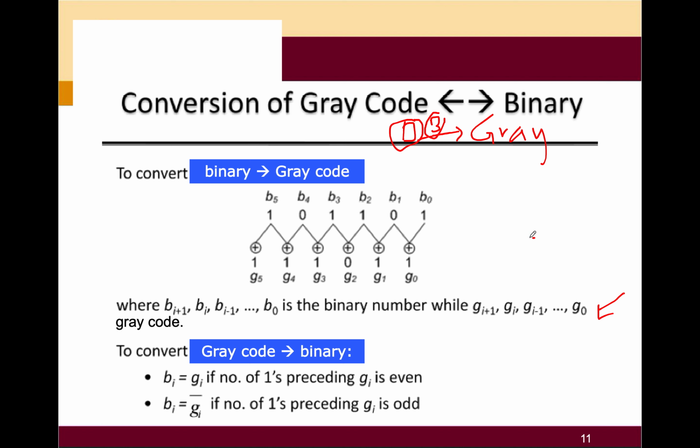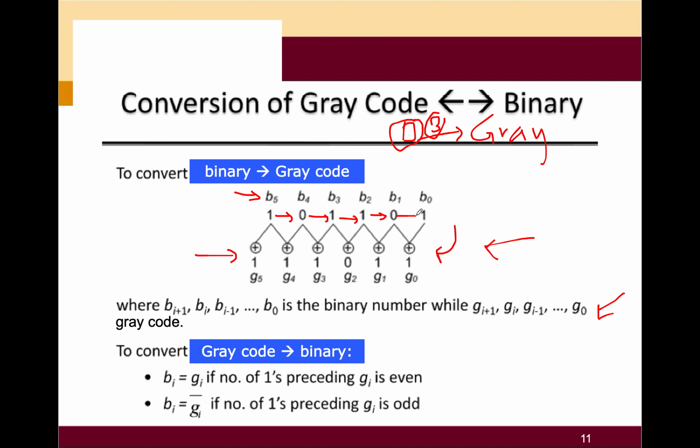Over here, I'll show you first. In here, you will get this one as the binary, and then this is the gray code. So for every single digit of binary, how are you going to get your gray code? You need to follow this flow.